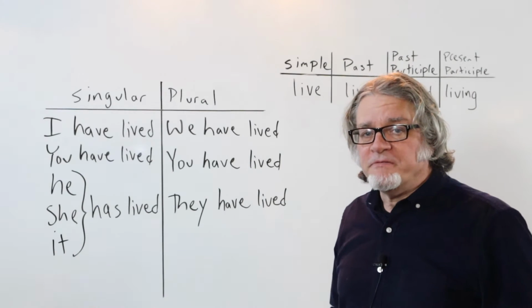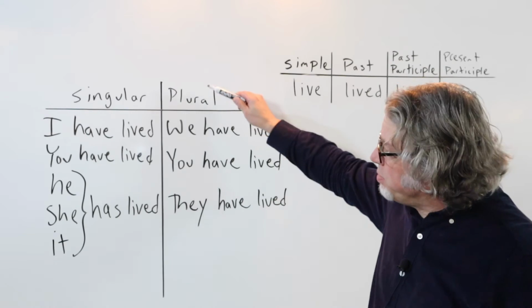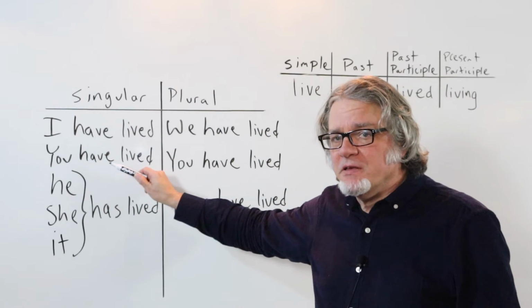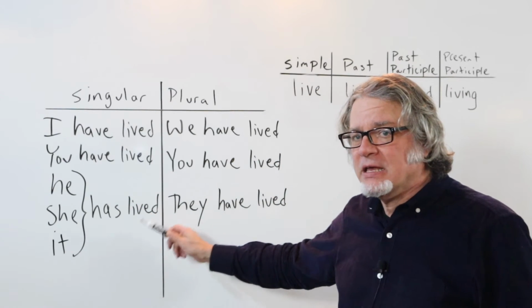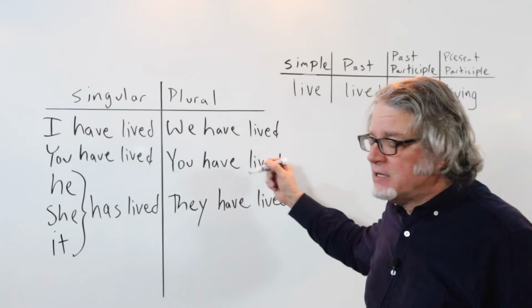Here's the verb live in the present perfect tense, singular and plural. I have lived, you have lived, he, she, it has lived. We have, you have, they have lived.